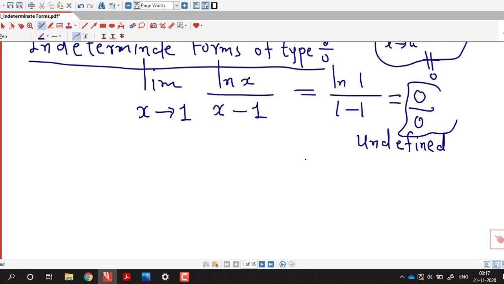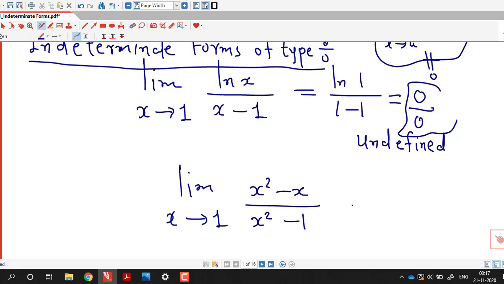Similarly, if we consider the limit as x approaches 1 of x square minus x over x square minus 1, then also if you take x equal to 1 you will obtain 0 by 0 form. So this is an indeterminate form of type 0 by 0.